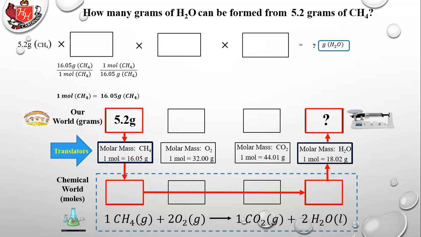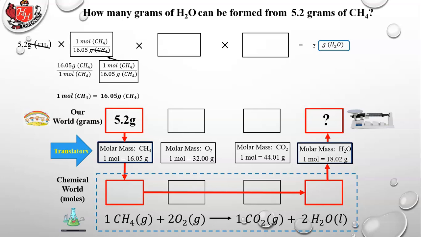Remember, grams of CH4 does not appear in the final answer, so we need it to cancel out. Which one are we going to put in the box up above? The answer is this one. So we put that up there, and we end up with grams of CH4 canceling with grams of CH4. So right now we have some number of moles of CH4.